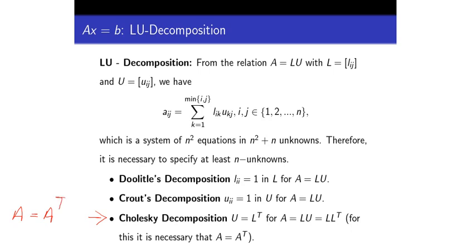Then, instead of A equals L into U, you will have L into L transpose. The number of unknowns is now almost half, because once L is known, L transpose is also known. So the number of unknowns is about n square by 2.